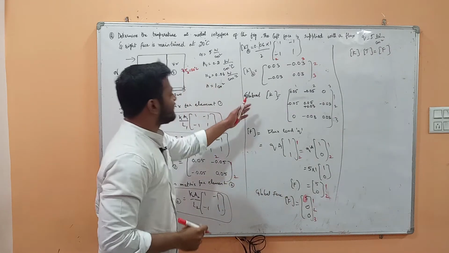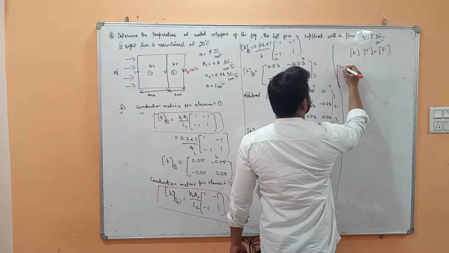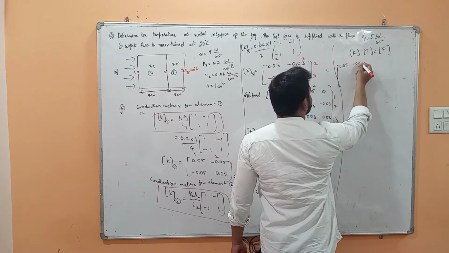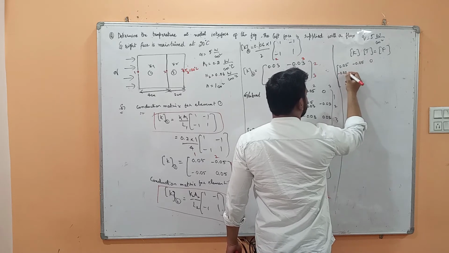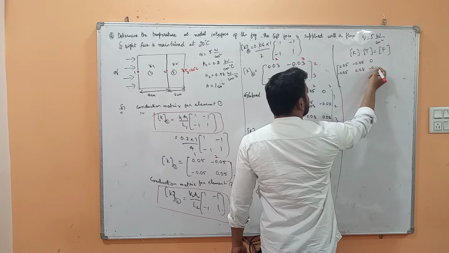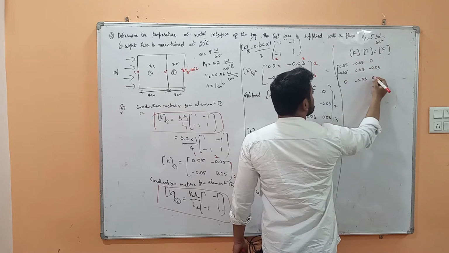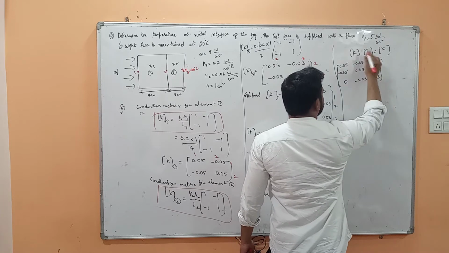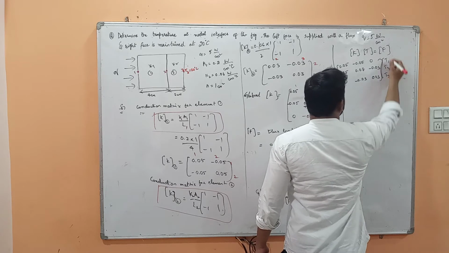So we got the matrix K. So matrix K is 0.05, minus 0.05, 0, minus 0.05, 0.08, minus 0.03, 0, minus 0.03, 0.03, and T is going to be T1, T2, T3.